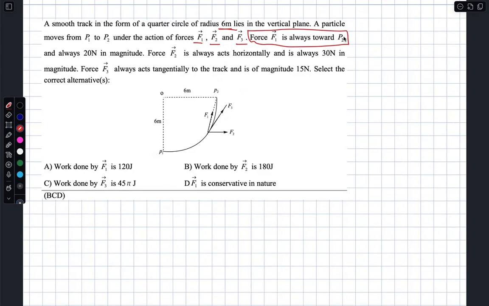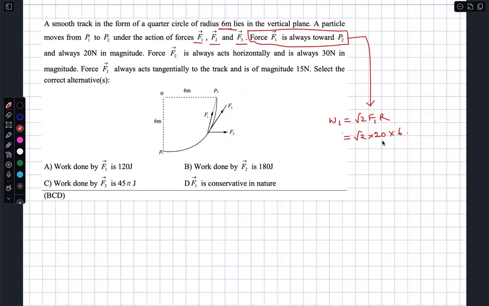I think I have derived this. In this case, F1 is always directed towards P2. Work done by that is root 2 F1 R, so this is root 2 times 20 into 6.